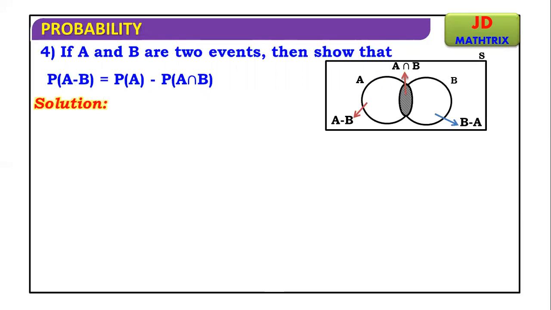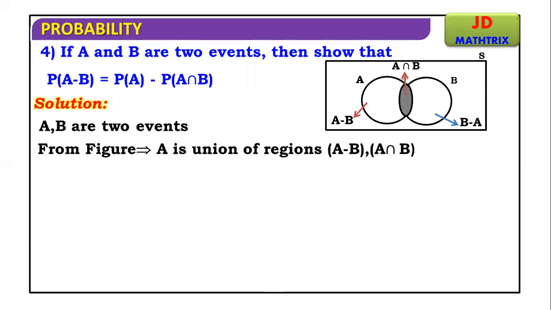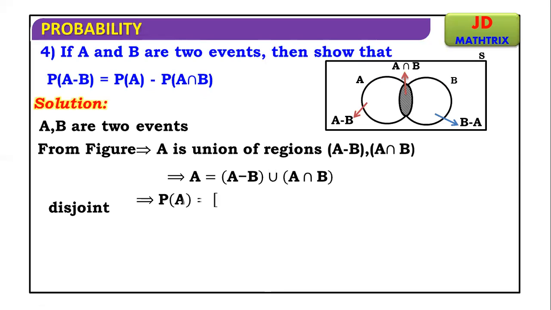From the diagram, this is the A minus B part, this is B minus A, and this is A intersection B. Since A and B are two events, from the figure A is the union of regions A minus B and A intersection B. This A can be written as A minus B union A intersection B, and A minus B and A intersection B are mutually disjoint, or mutually exclusive.